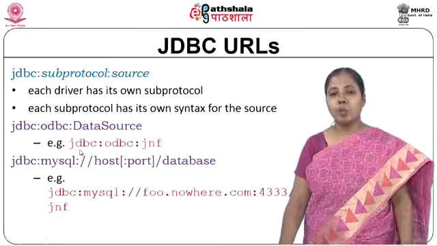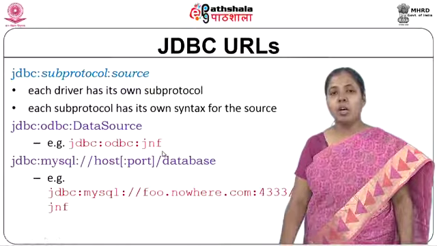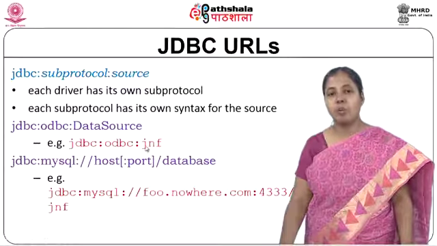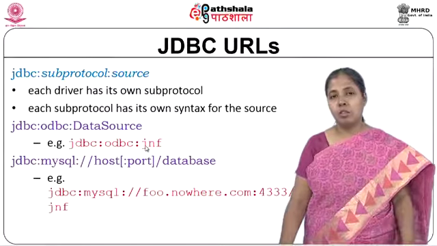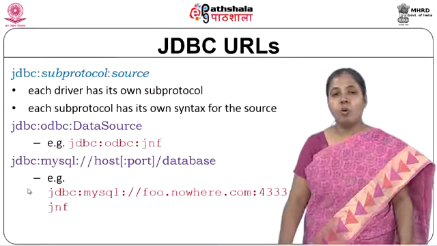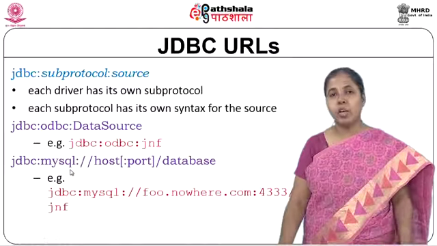As an example, your JDBC URL can look like this: jdbc, colon, odbc bridge, then colon, and then the data source name, the database data source name which would be created using ODBC.